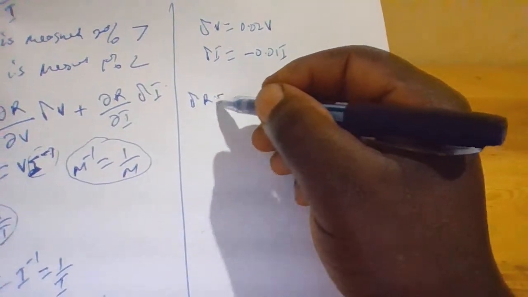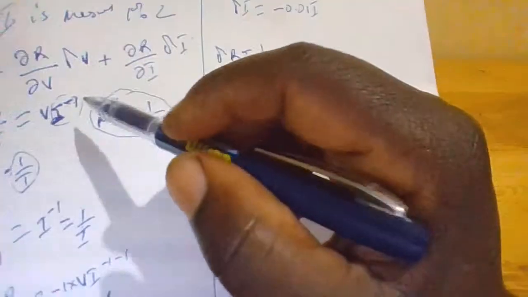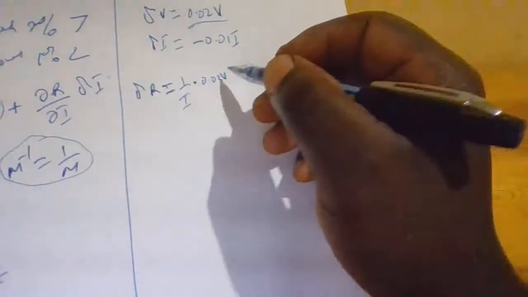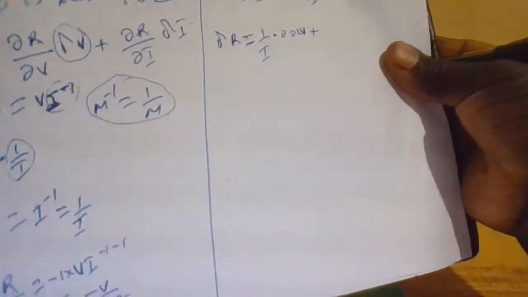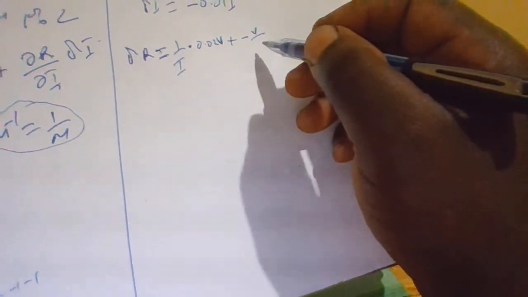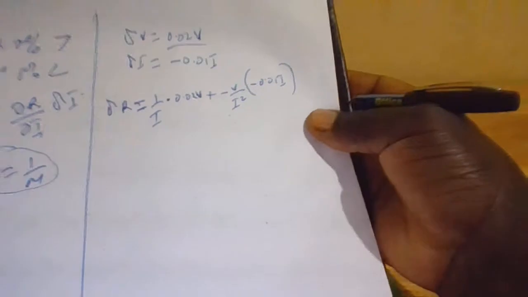Del R will be equal to del R del V, which is 1 all over current, times del V, which is 0.02 V, plus del R del I, which is minus V over current squared, times minus 0.01 current.